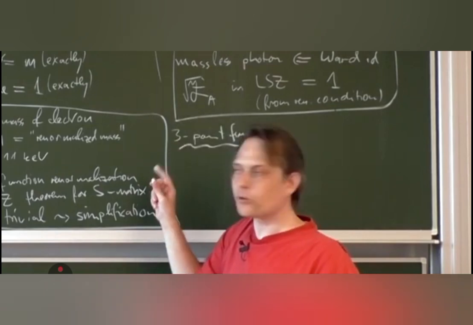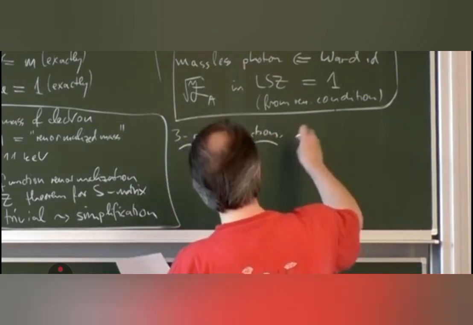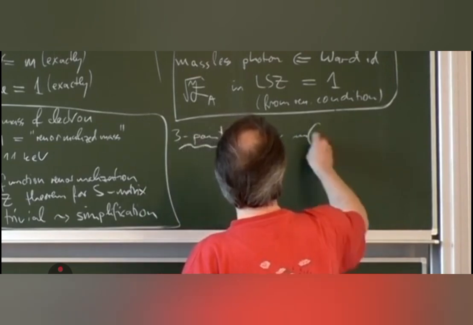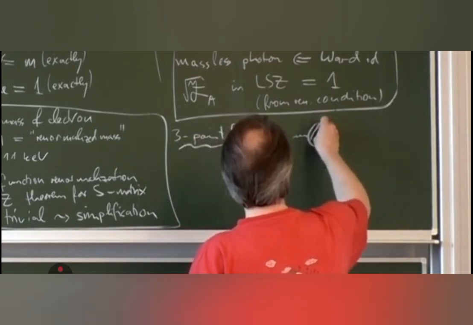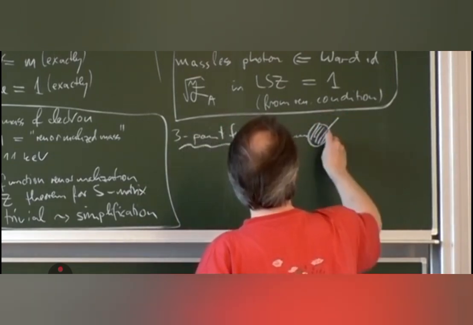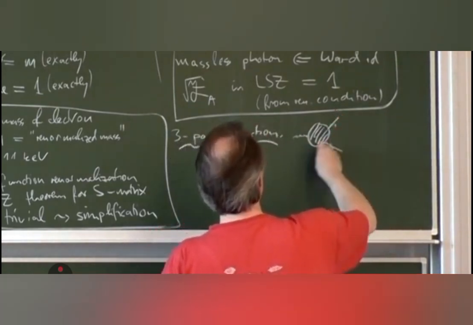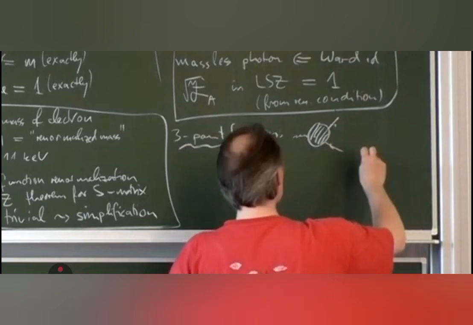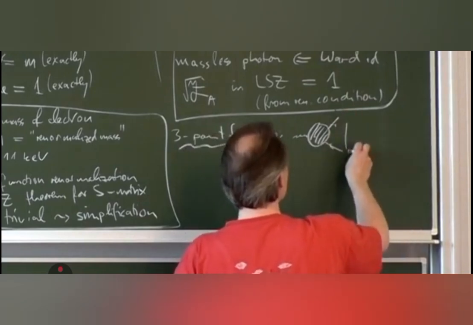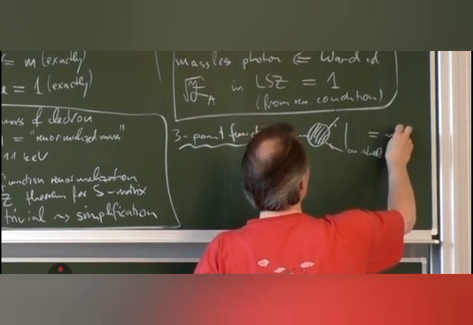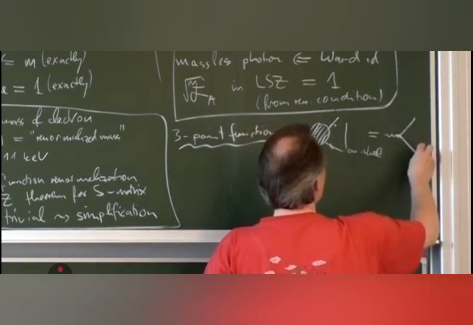It's okay. Okay, so the 3-point function. Here this effective one particle irreducible Green function building block on shell is equal to the tree-level vertex.